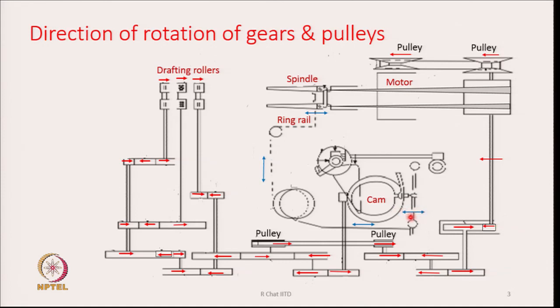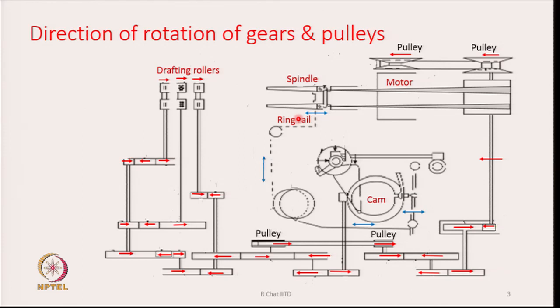From here the chain is also going up and down. It is going over a pulley, from there it is connected to the ring rail, and as a result the ring rail also moves up and down. So, this is how the motion is transmitted, and the directional rotations, as we see here, we get in the right directions.